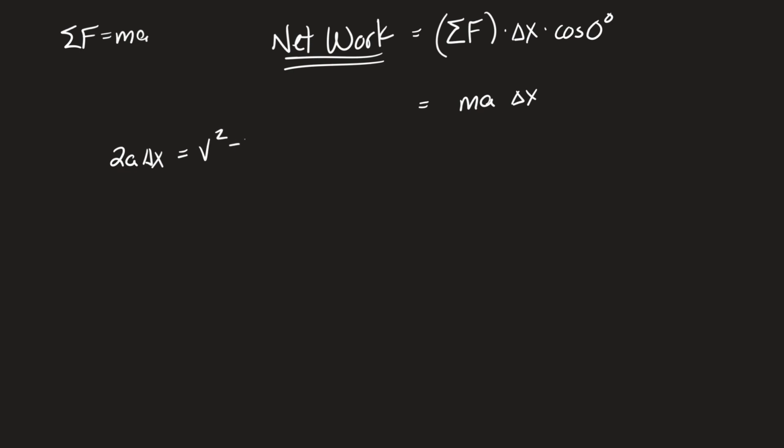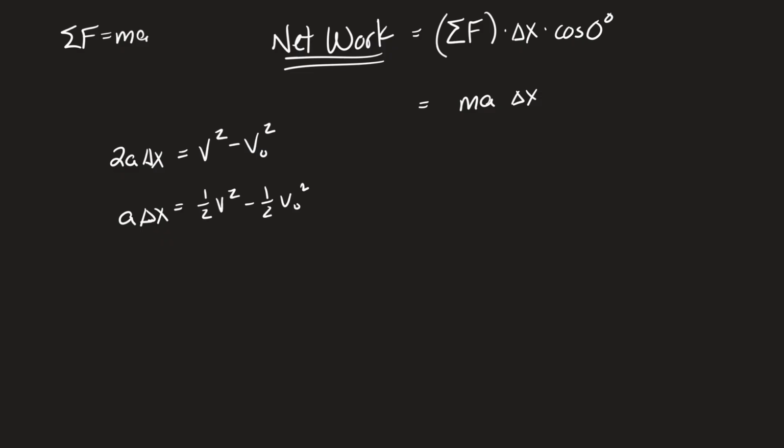V squared minus V naught squared. That's right. Right, from way back in the day, a little bit of kinematics. All right. If I divide this by 2, I'll get 1/2 V squared minus 1/2 V naught squared.